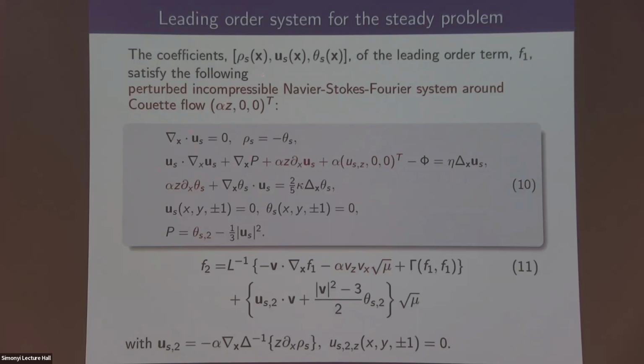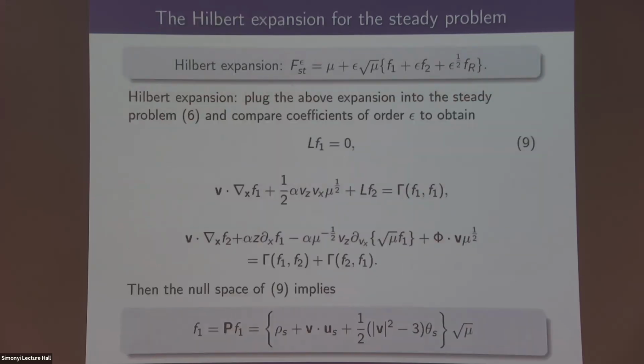The coefficients rho epsilon, rho s, us, and theta s of the leading order F1 satisfy the perturbed incompressible Navier-Stokes-Fourier system around Couette flow. It comes from here.